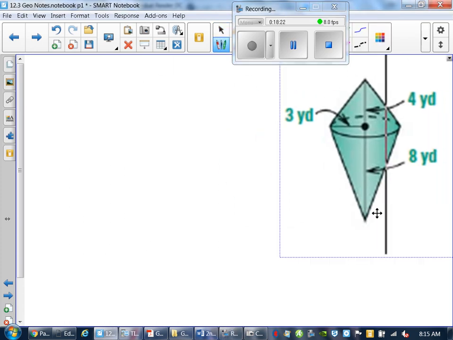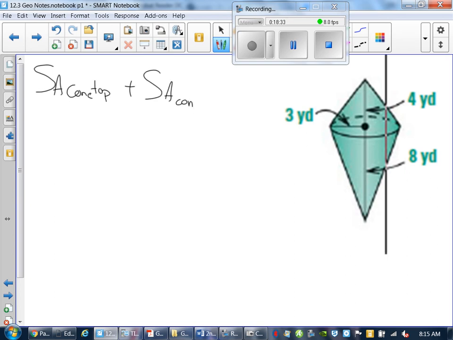There are two cones. You have the surface area of the cone on the top and the surface area of the cone on the bottom. All right? As you look at that, your two cones have formulas.